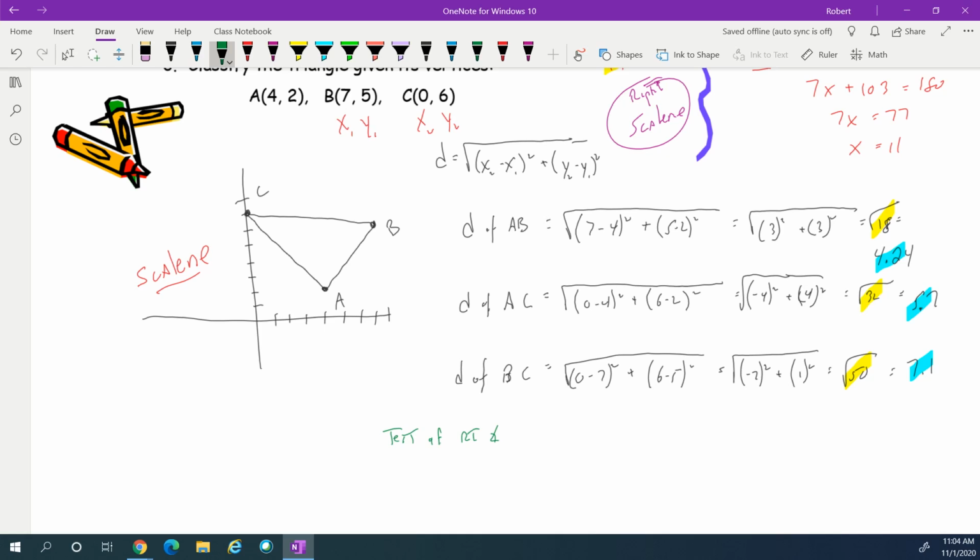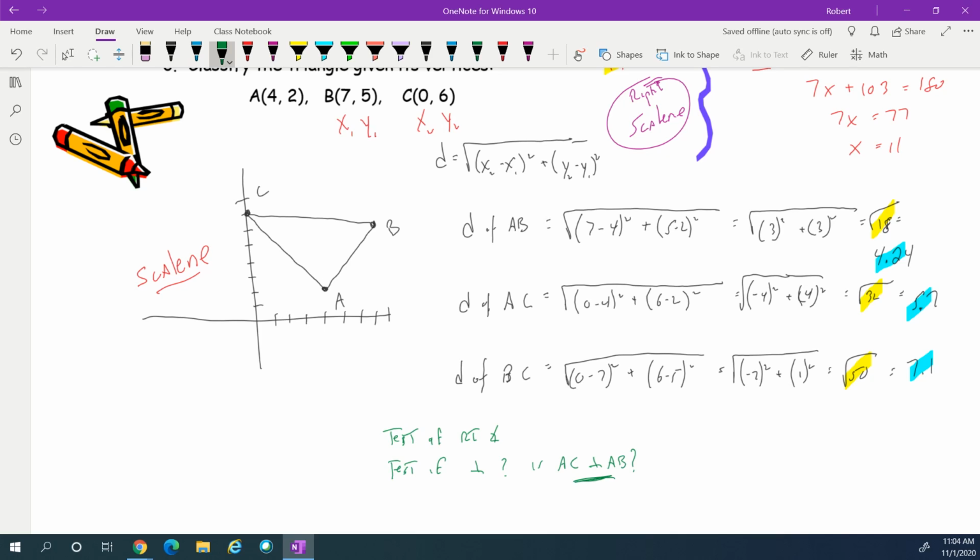Well, remember, right angles come from perpendicular lines. So this is the same as saying test if we have perpendicular lines. And the only place that that's possible in this picture is AC and AB. Is AC perpendicular to AB?